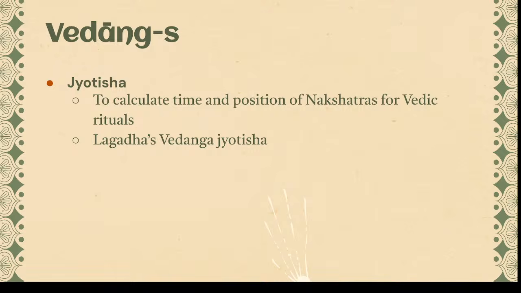Since the rituals are subject to those times and particular positions, the scholar should know the Jyotish to understand the Vedas very carefully. There is a very beautiful and earliest available text, Lagadha's Vedāṅga Jyotish. Vedāṅga Jyotish written by Lagadha is one of the prominent and earliest texts in the context of the Vedāṅgas.